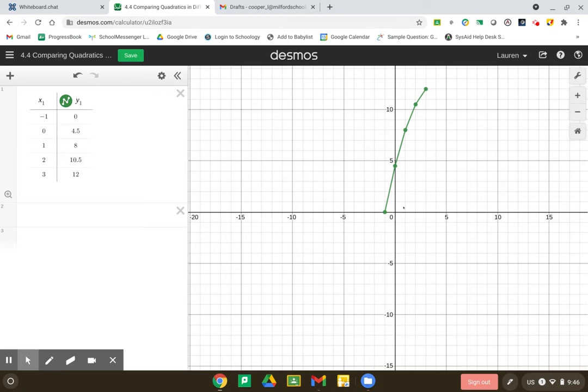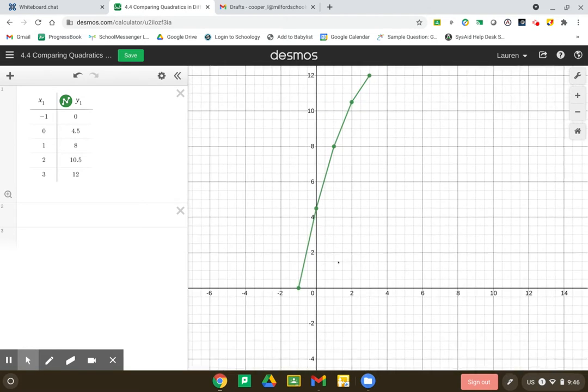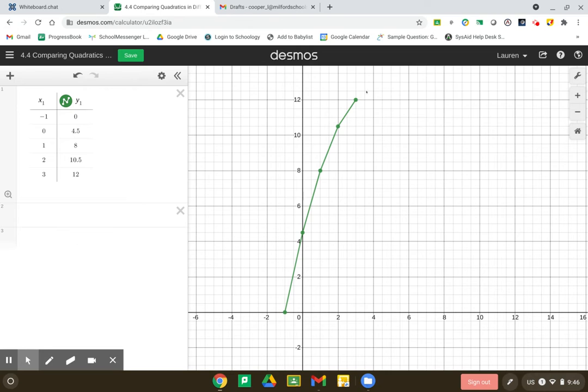Okay, so if we zoom out here, it does look like it's arcing, but notice it doesn't show the full arc. So here we have 3, 12 is the highest that it's letting us go, but I could continue and do something with 4, and that could end up here. So it doesn't look like we have much of a pattern here.